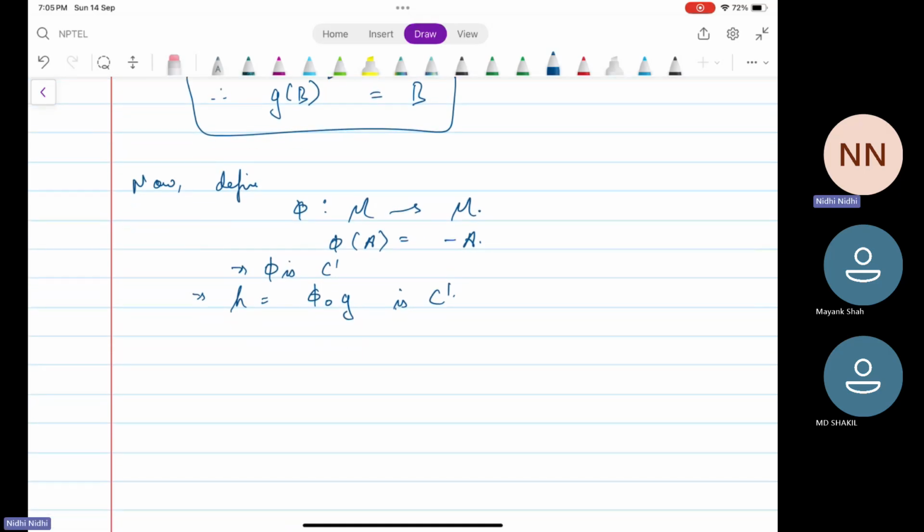Yes, the inverse function theorem is very powerful. It's used at a lot of places.